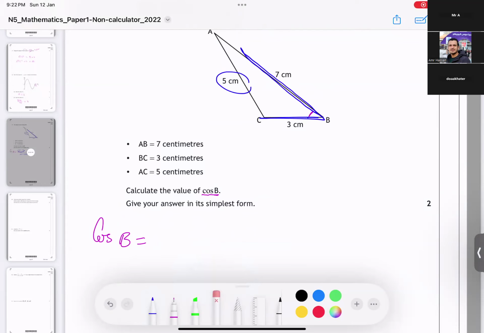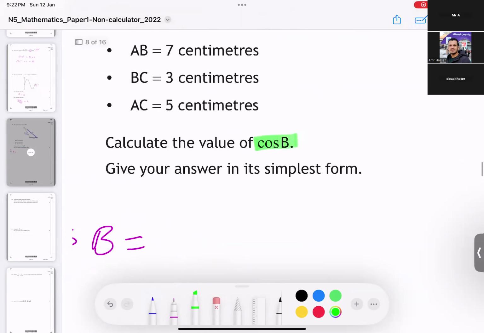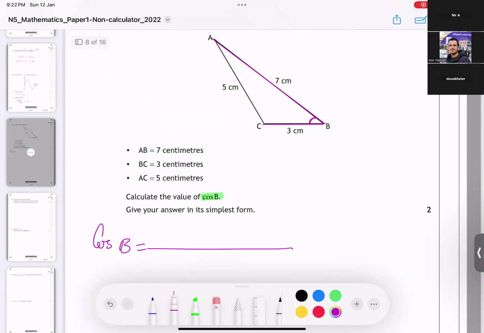So look at this one. Now, I've been asked to calculate what is cosine B, right? Yeah. So let me label it. Let me highlight it firstly. This one's cosine B, right? I really care about the sides. So what does cosine B stand for?